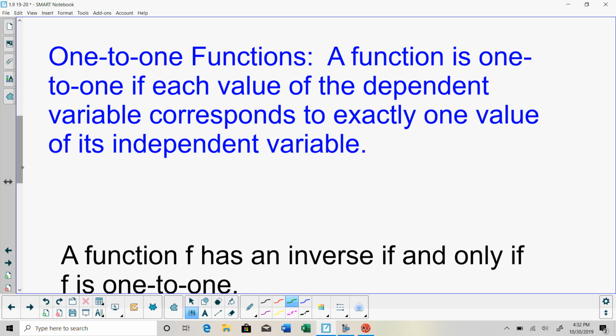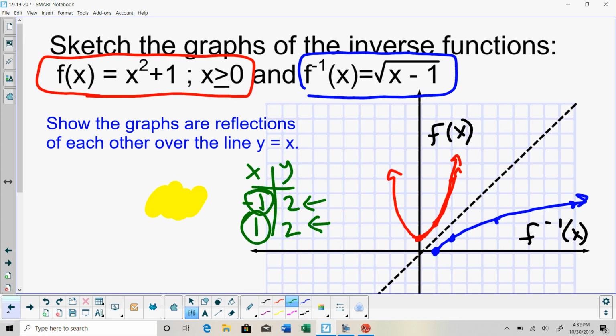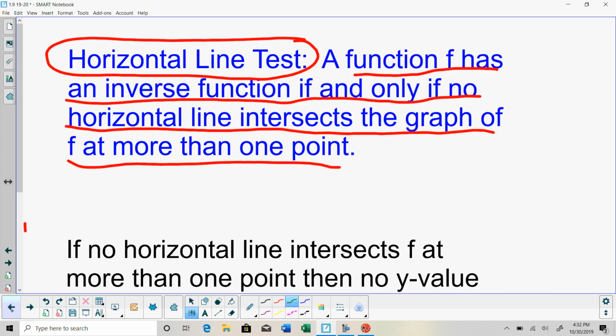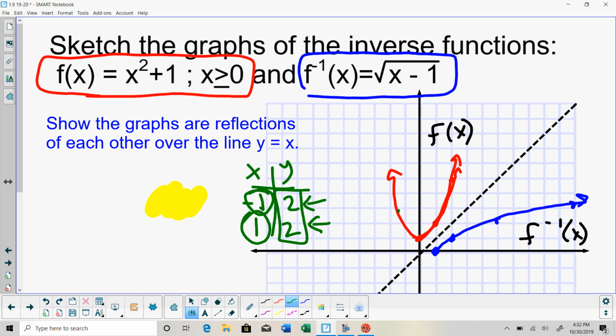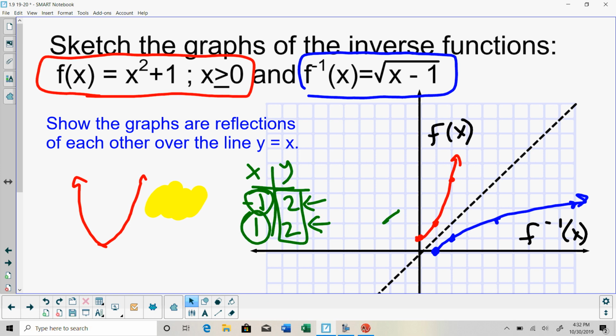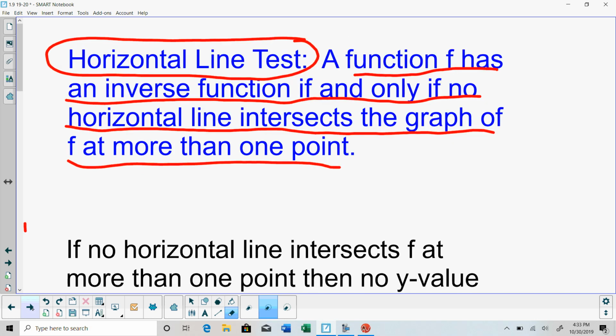And that's not the case in our example here, because I've got one dependent variable value, like 2, going to 2 different independent values, -1 and +1. So this function here would not be a one-to-one function. But if we limit it so the domain is just greater than or equal to 0, then it is going to be a one-to-one function.